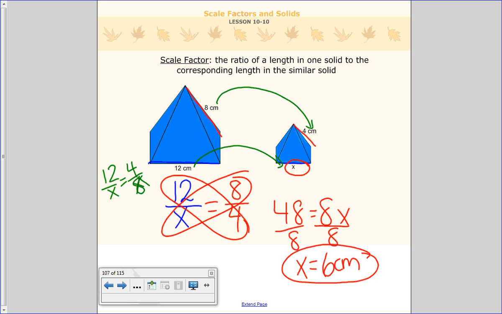And then I tried to solve. Well, let's see. 12 times 8 is 96, and that equals 4 times x. So you go ahead and divide 96 by 4, and you get, well, x is 24. You'll notice right away that isn't right. That is not at all right. So you need to make sure you start with the same solid each time.